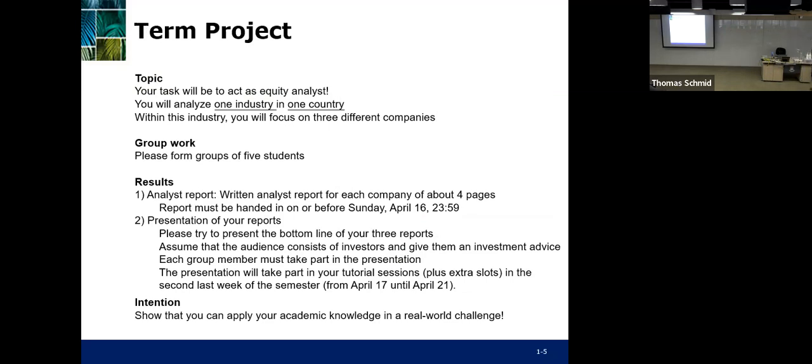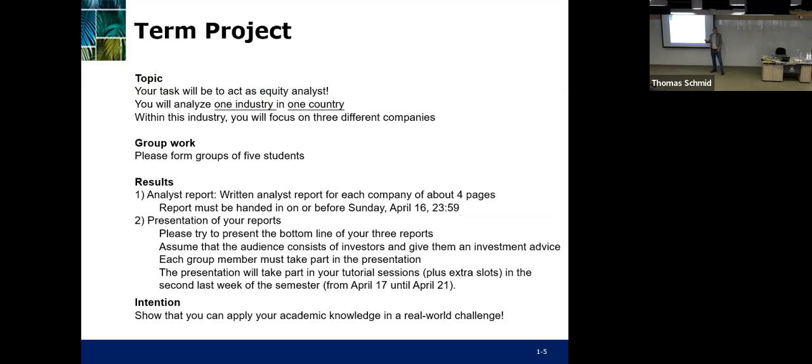What is the term project about? The term project is about equity analysis. You will act as an equity analyst, and you will write analyst reports.